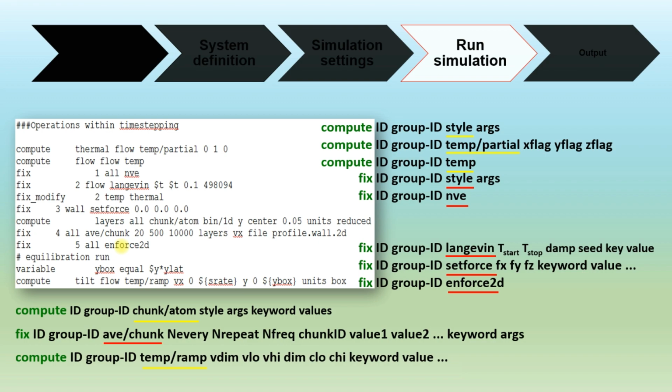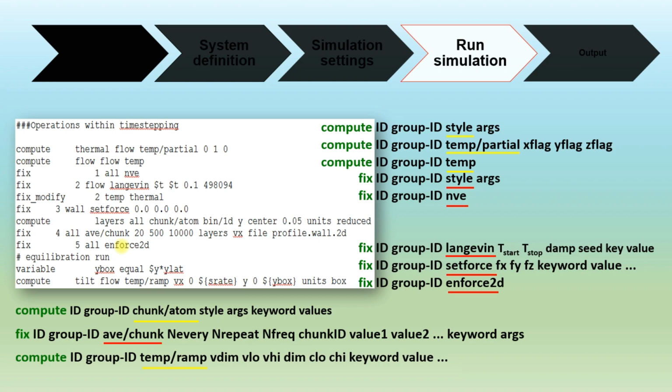One more interesting style of compute command is temp ramp. Its syntax is compute id, group id, temp ramp, vdim, vlow, vhigh, dim, clow, chigh, keyword and value. This command defines a computation that calculates the temperature of a group of atoms after subtracting out a ramped velocity profile, but before computing the kinetic energy.